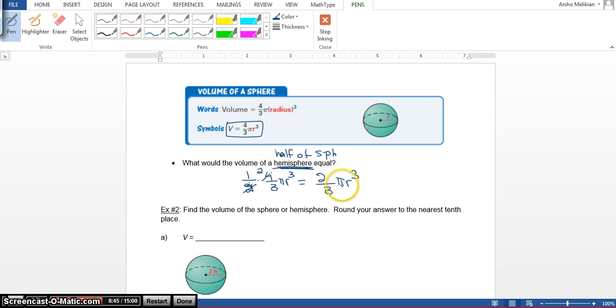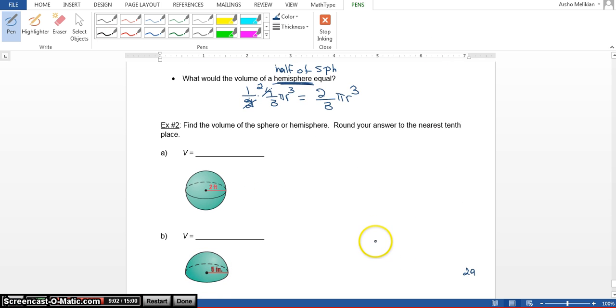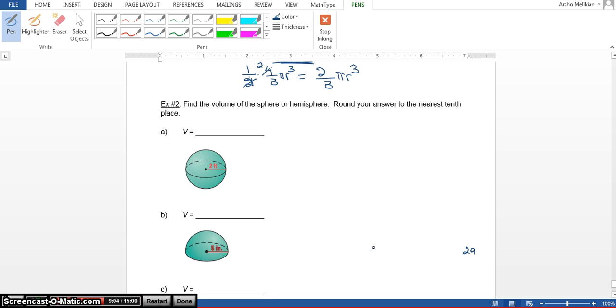This would be the formula for the volume of just a hemisphere. Now, do you have to memorize it? No, you can obviously just use 4 over 3 pi r cubed and then divide it by 2 or multiply it by half. Okay? So let's find the volume of a sphere here, or of a hemisphere.